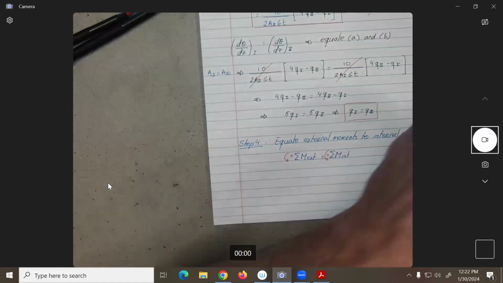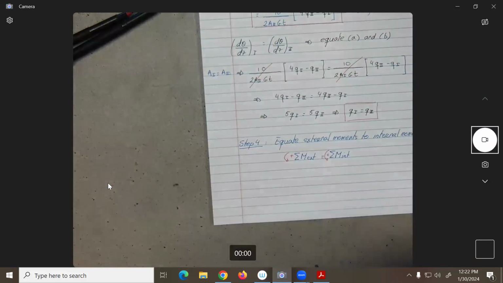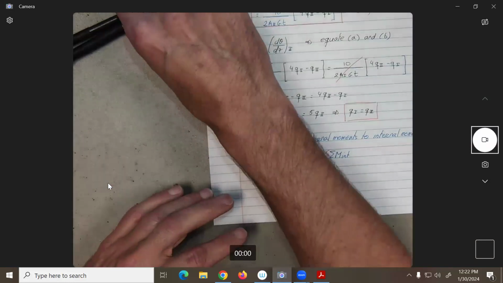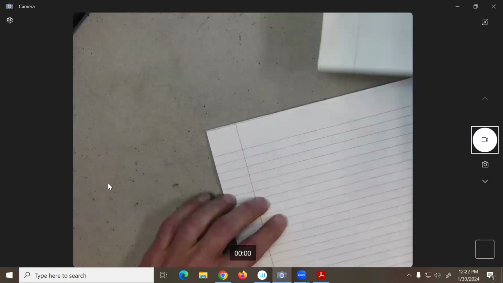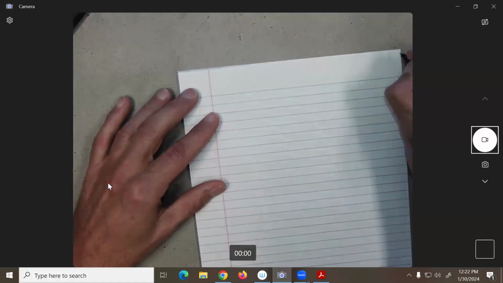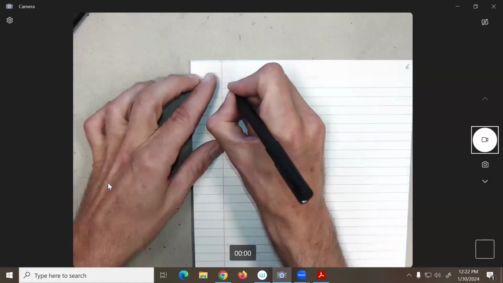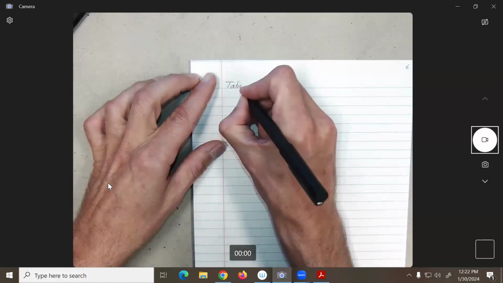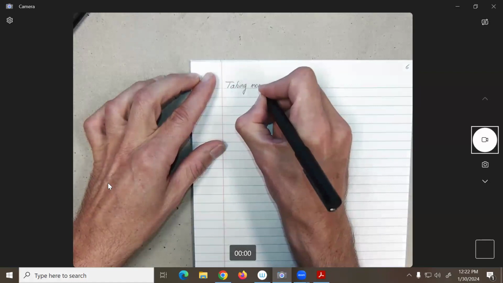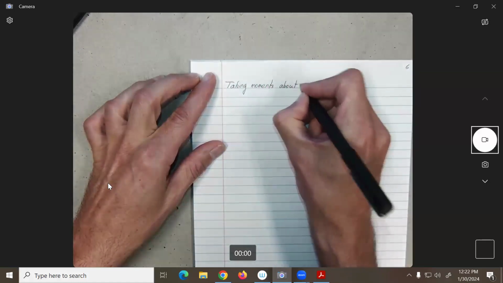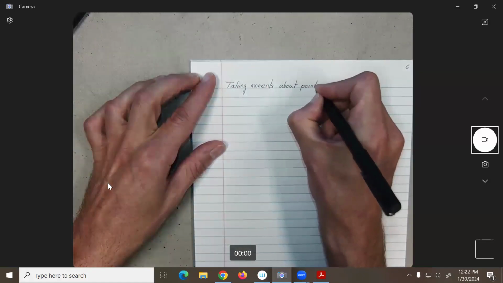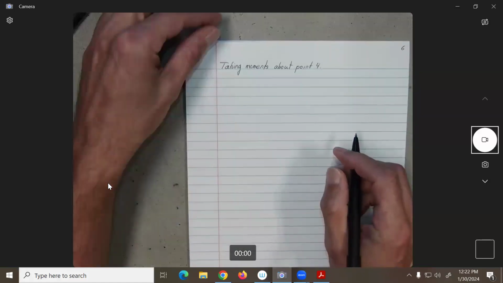That's basically what we're doing over here. So basically, we're going to say over here, I don't know about which one's going to take the moments. All right, so let's say taking moments, I'm going to go to the next page. So 1, 2, 3, 4, 5, 6. Taking moments about point 4.